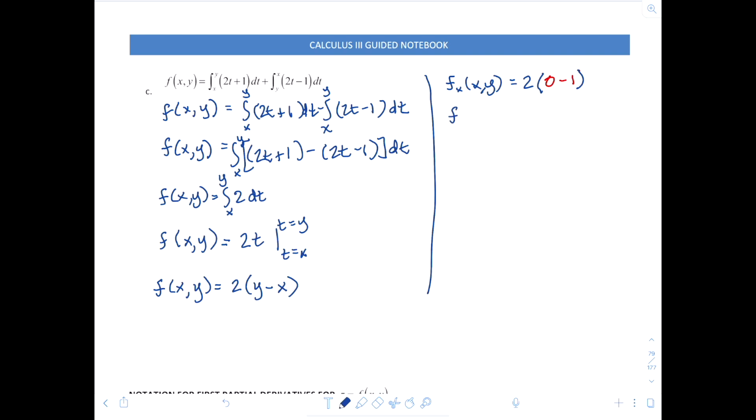So fx of x and y is just going to be negative 2.